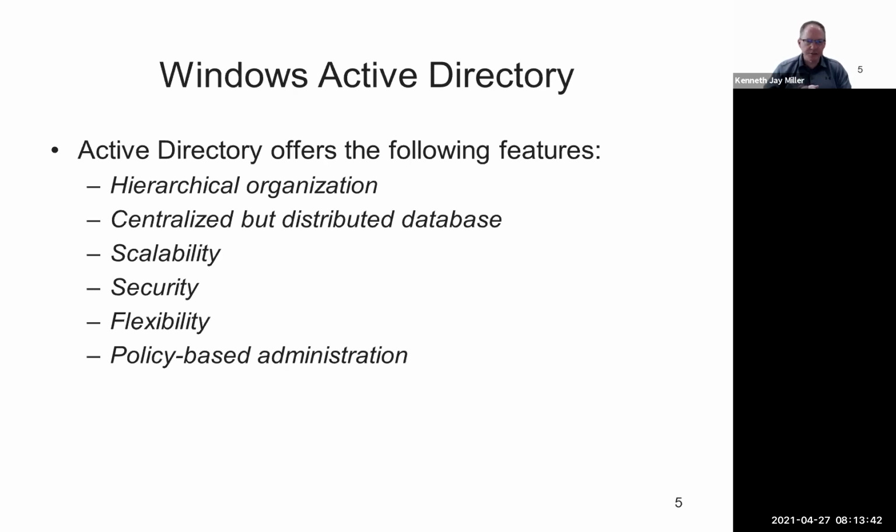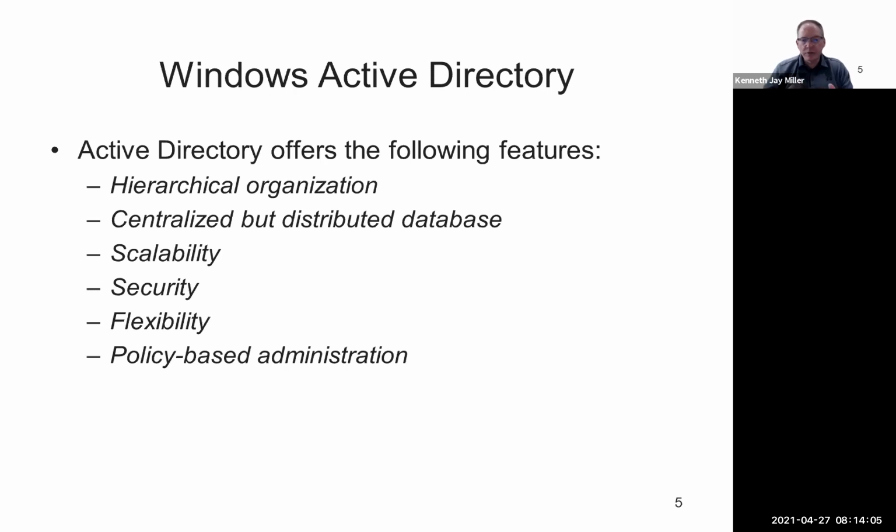And it's scalable. You can get big with this very easily, right? You can add more domain controllers and add more features, and it will continue to grow. And there are extremely large companies, like AT&T.